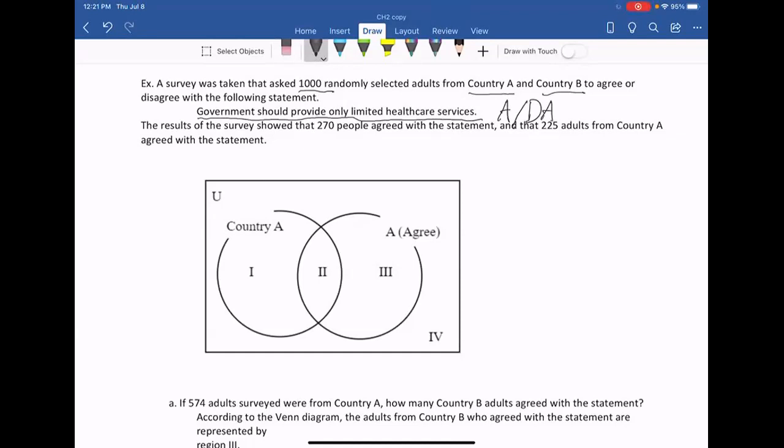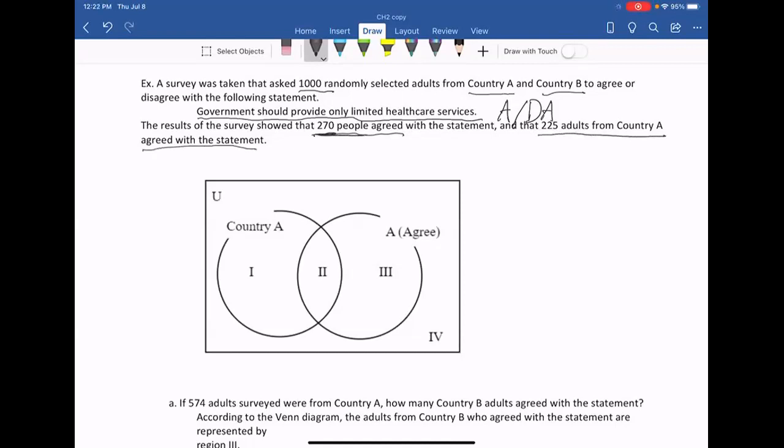The result of the survey showed that 270 people agreed with the statement, and 225 adults from country A agreed with the statement. What's the meaning of this?